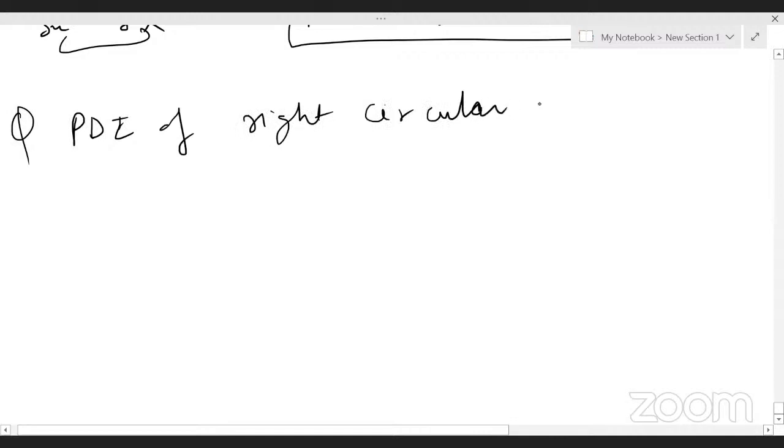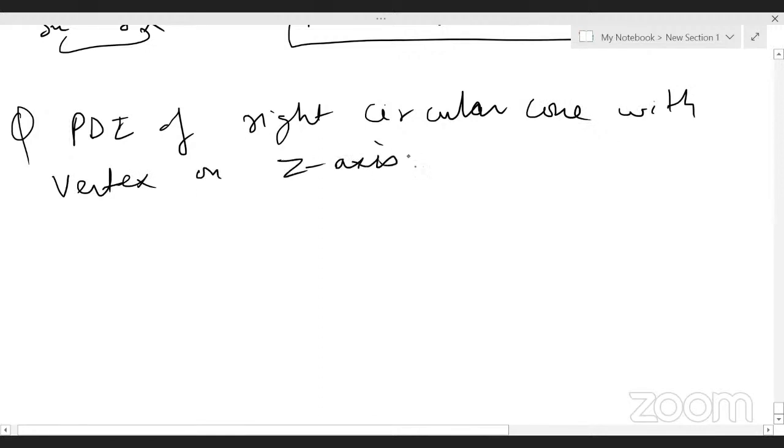Similarly, there was one question which is also given in MDR: the PDE of right circular cone with vertex on z-axis.